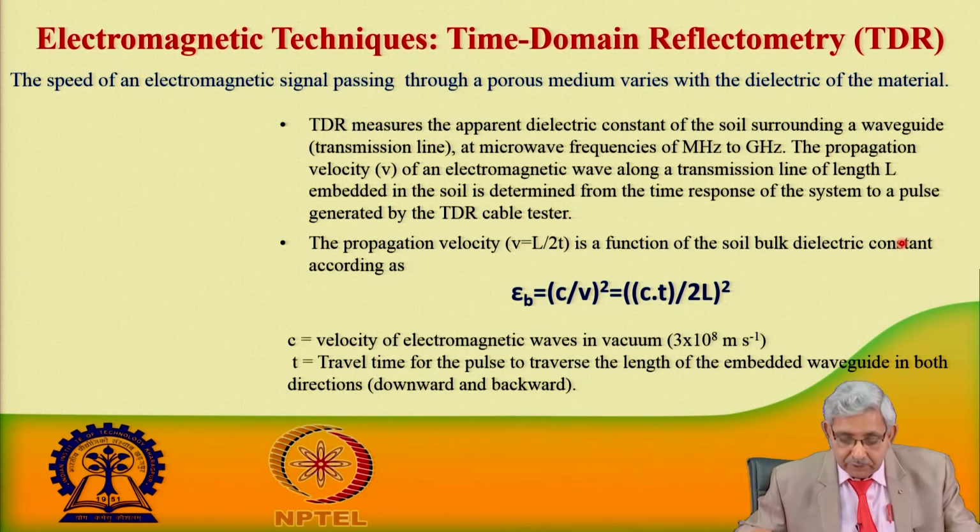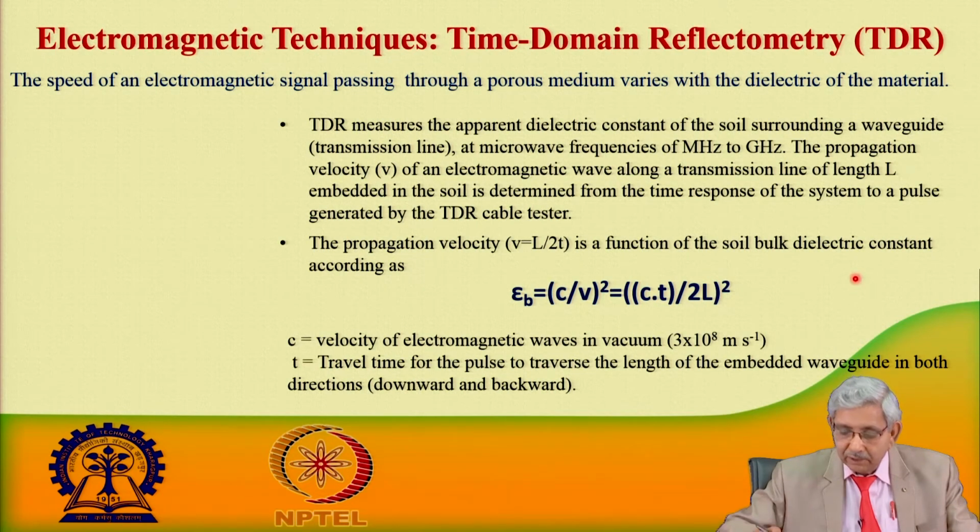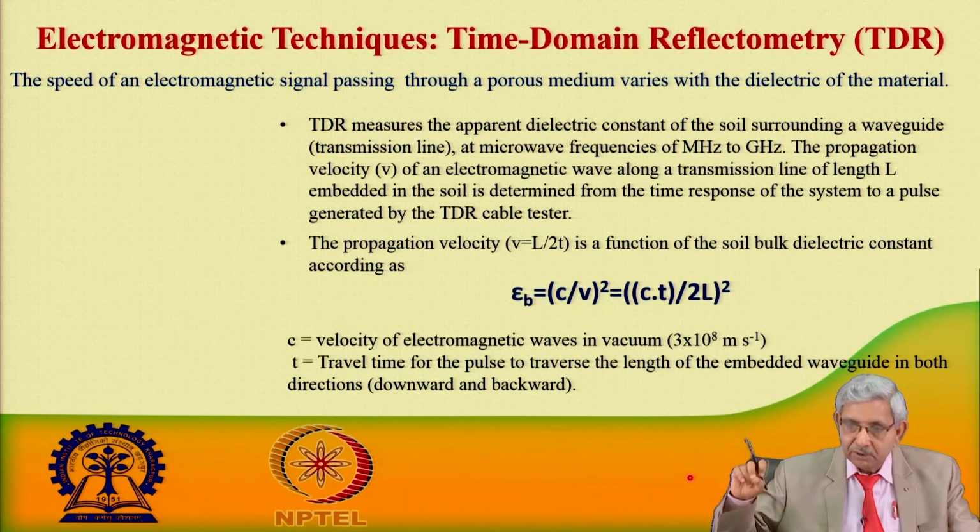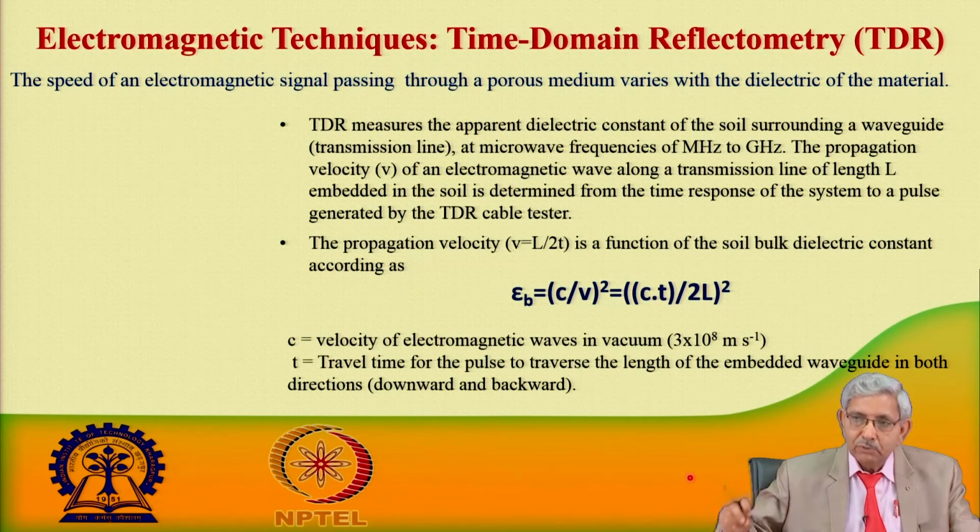The propagation velocity is given by L by 2t, and is a function of soil bulk density and bulk dielectric constant. The bulk dielectric constant is given by C by V squared, where V is the velocity of propagation through the transmission line of length L, and t is the time from when the pulse is transmitted from the source to when it returns back.